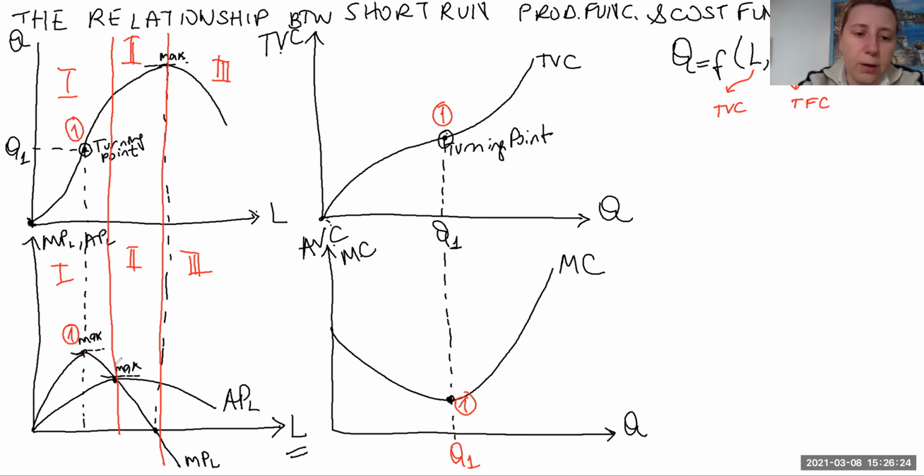Here we have two parts of the marginal product of labor. It's the productivity of the labor. We have one increasing part for the marginal product of labor when the firm employs more and more labor until point 1 here, until Q1 output level. The productivity of labor increases.